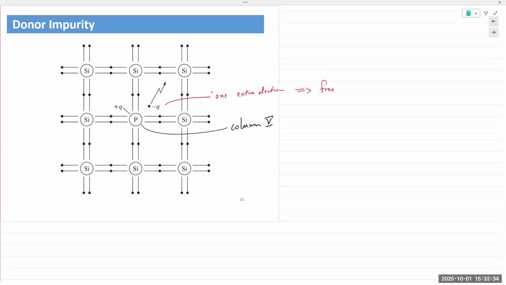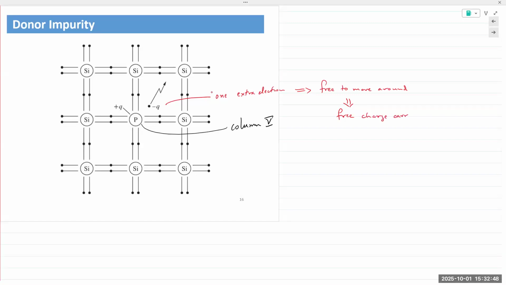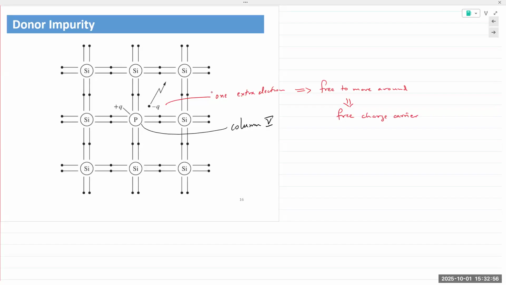So it is free to move around and available for conduction. It is known as a free charge carrier. The free in this sense is simply indicating that it is free to conduct electricity. So when we say free charge carriers, they're available for conduction.